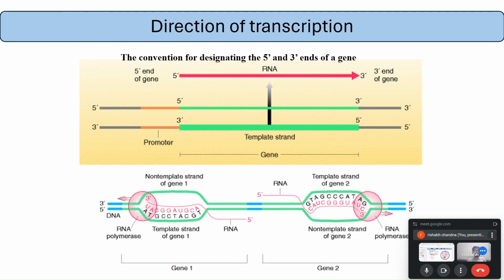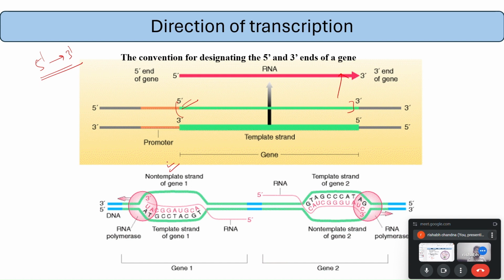So moving on, as I discussed, the transcription always moves from 5 prime to 3 prime direction, and this is the template strand from which the RNA is being produced, that is the complementary base pairing, and this is the sequence that is the same as that of the RNA, so this is the coding strand. Now what happens, one template strand of gene 1 might not be the template strand of gene 2.